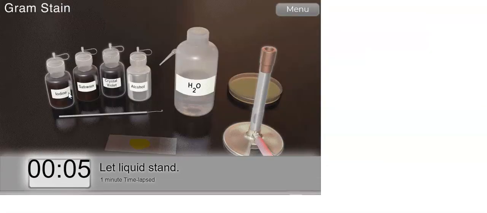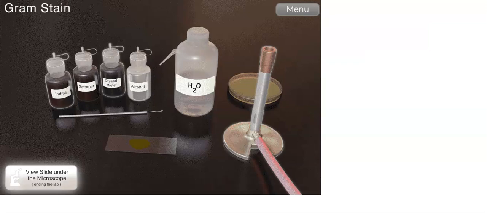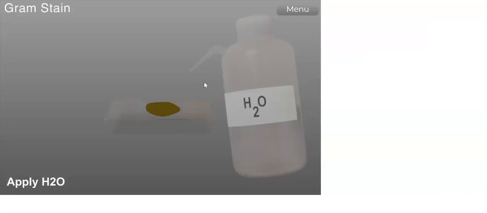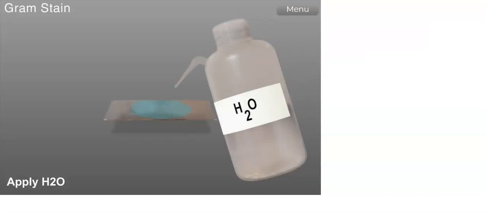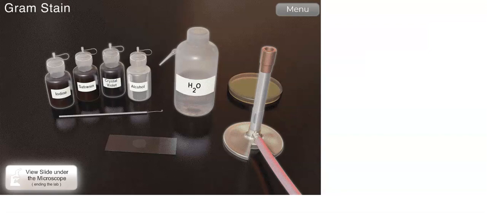Iodine here acts as a fixative, where the iodine fixes the crystal violet into the cell wall of the bacteria by working as a mordant. A mordant is a substance that increases the affinity of the cell wall for stain by binding to the primary stain. Then remove the excess iodine by rinsing with distilled water.